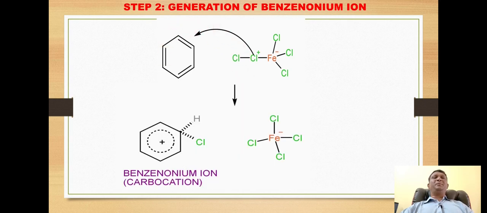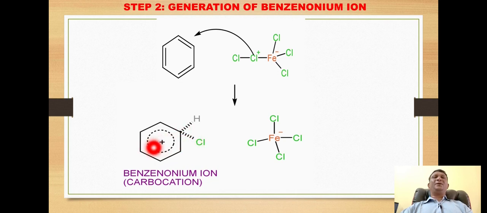When this attack takes place, there is generation of the benzenonium ion. The chlorine to carbon bond is being formed, while the carbon to hydrogen bond is being broken. And during this process, the carbon which is going to be attached with the chlorine acquires a partial positive charge.